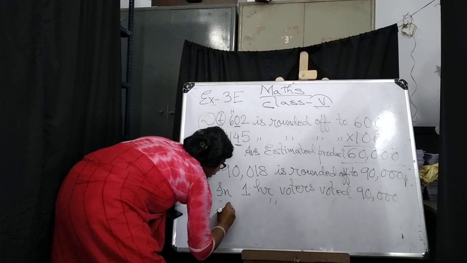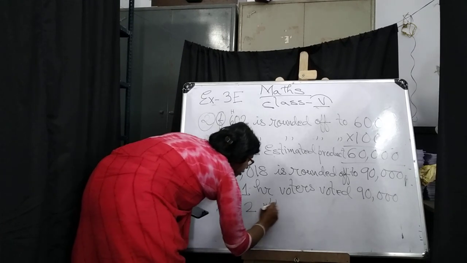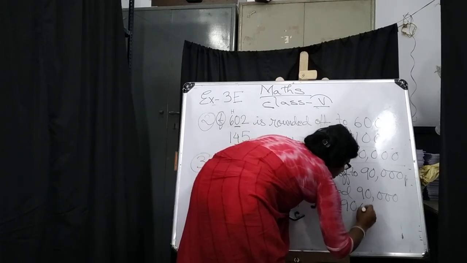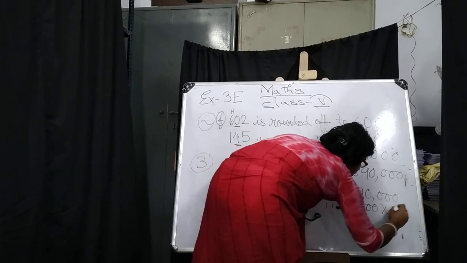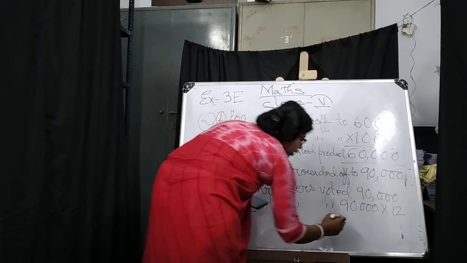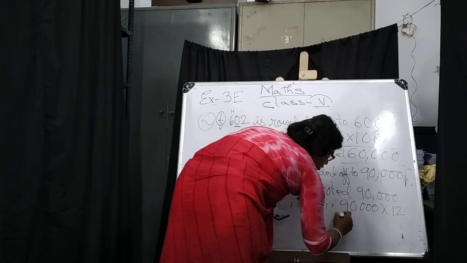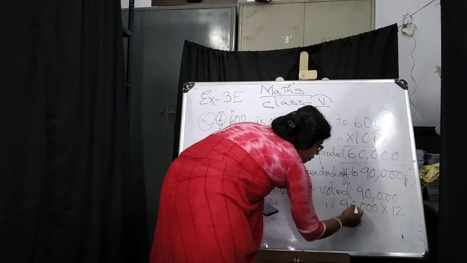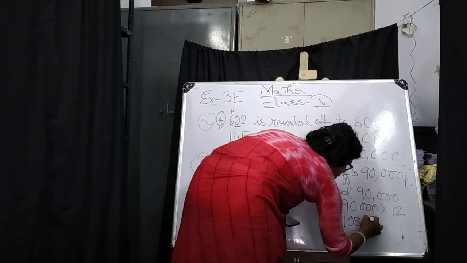Therefore, in 12 hours, voters voted 90,000 into 12. So, what will be the answer? 12 nines are 108. And how many zeros after that? 1, 2, 3, 4.